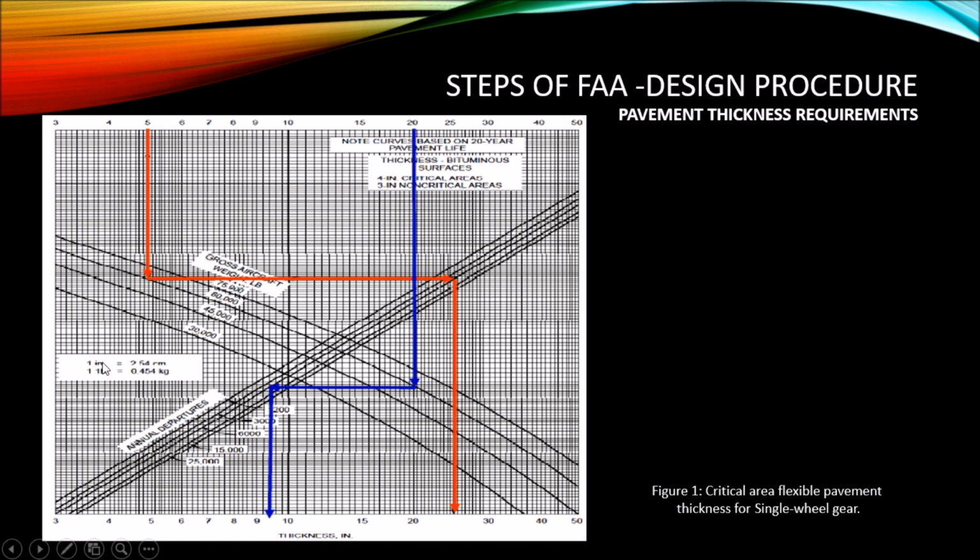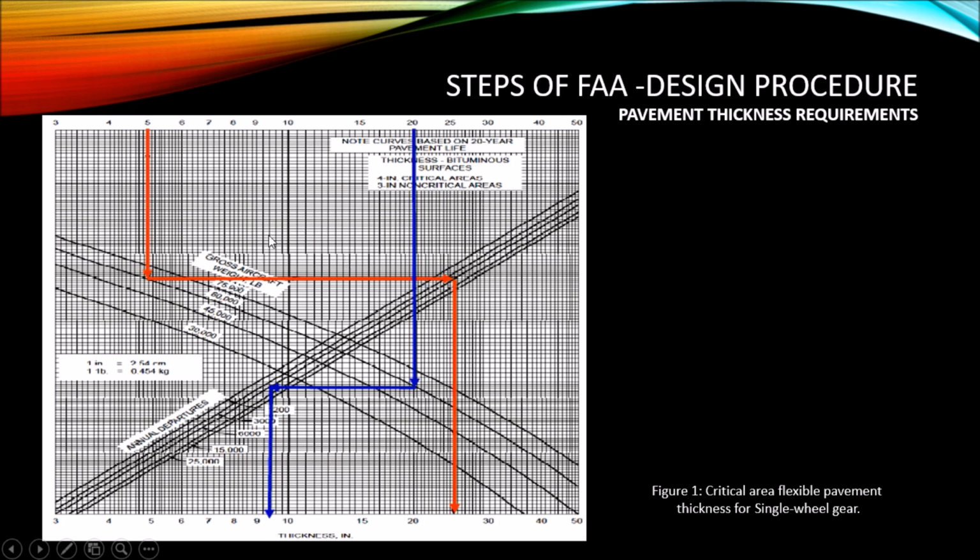So with this, you are able to convert from inches to centimeters, and from pounds to kilograms. Also note from this graph that the curve is based on a 20-year pavement life. And for the thickness of bituminous surfaces, we have 4 inches for the critical area and 3 inches for the non-critical area.